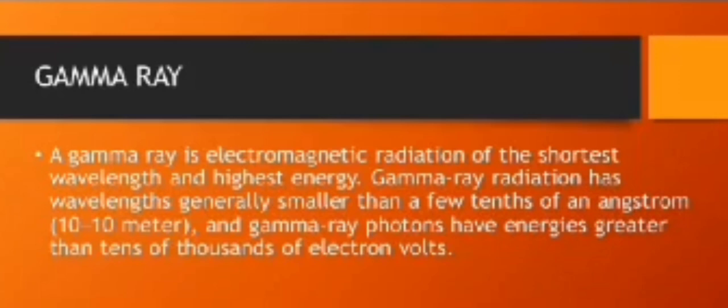Gamma ray, the most energetic form of electromagnetic radiation, with the shortest wavelengths and highest frequencies. Gamma rays are emitted by radioactive materials and nuclear reactions. They have applications in cancer treatment or radiotherapy and in various types of imaging, including nuclear medicine.